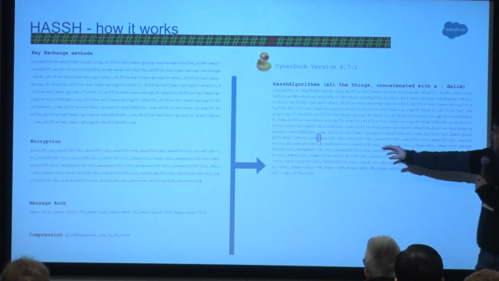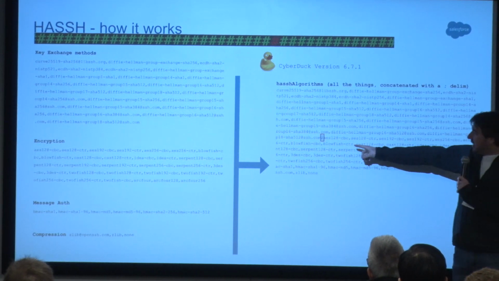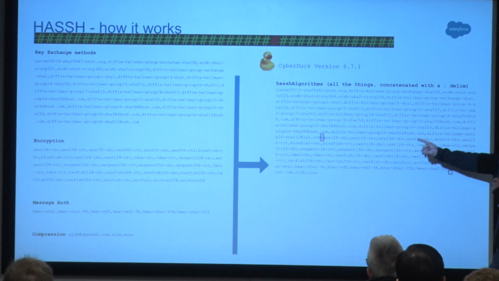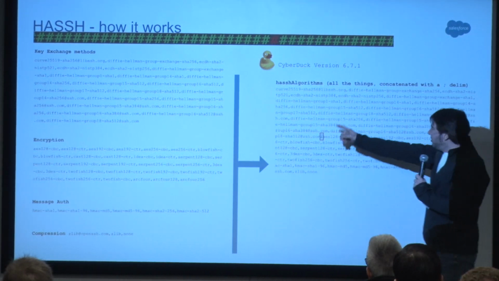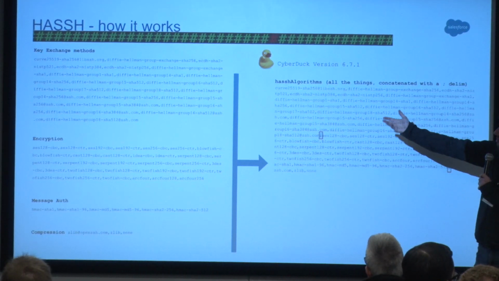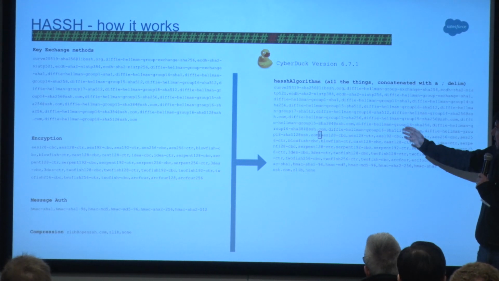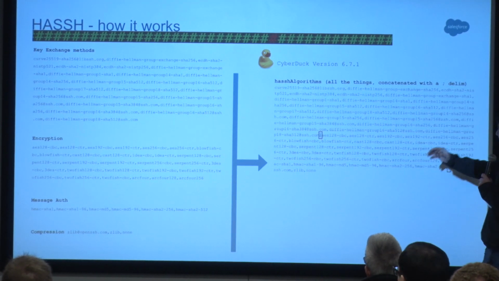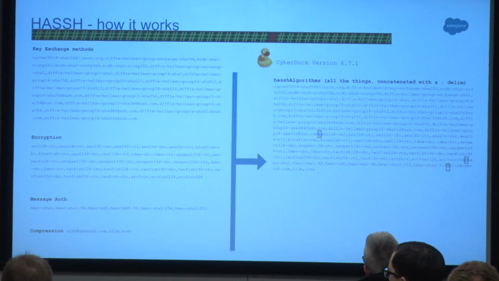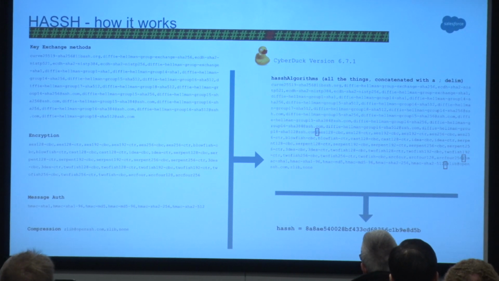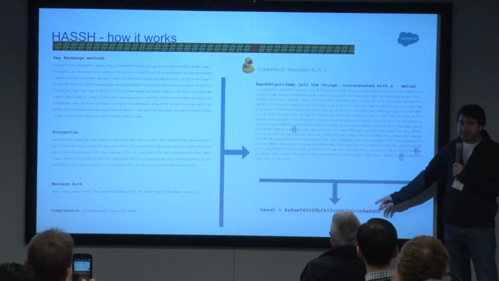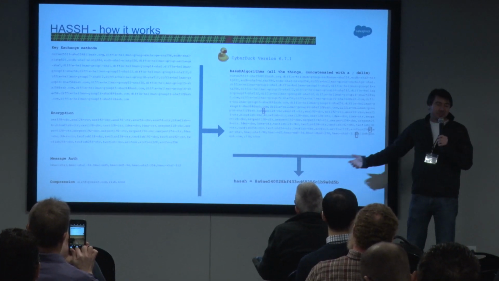It then concatenates them using a semicolon delimiter, and they're already delimited by commas. So each cipher is delimited by a comma, and then we delimit each field by a semicolon. We take that entire string and MD5 hash it, and this is our HASSH value. This is our fingerprint for the client or the server.